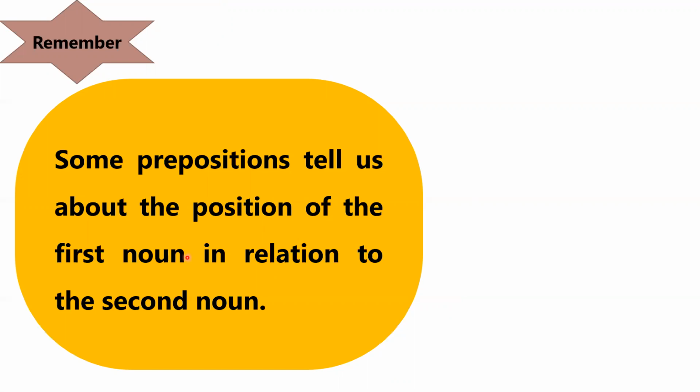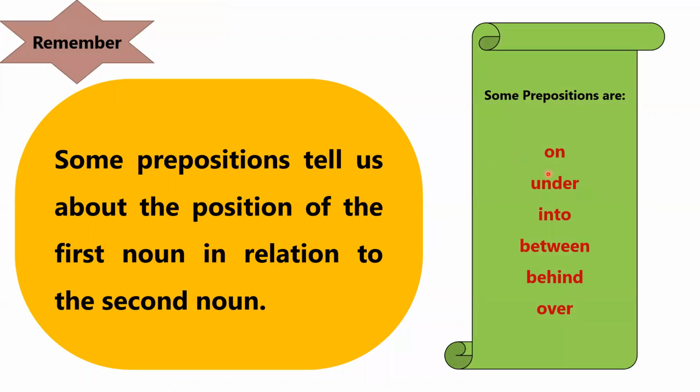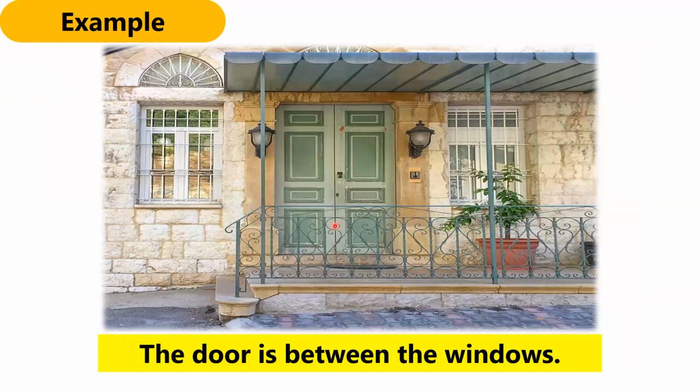Clear children? So such type of prepositions: on, under, into, between, behind, over. So these are some prepositions which are used as a position in a sentence.